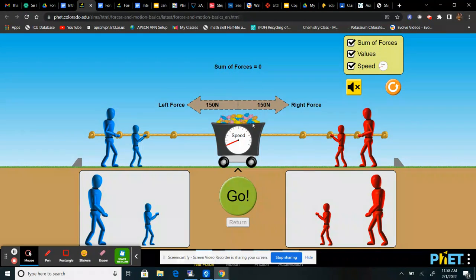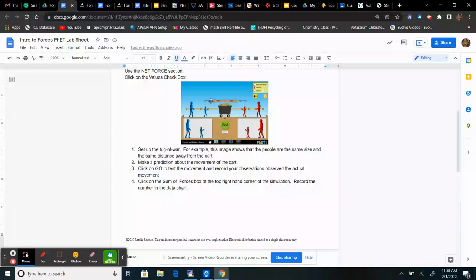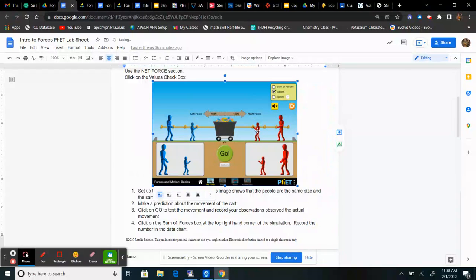All right, it looks like we have an equal value in each direction. The best thing about this being on the computer is we can enhance the picture to see if it's true or not. And we can actually see 150 and 150 in either direction.